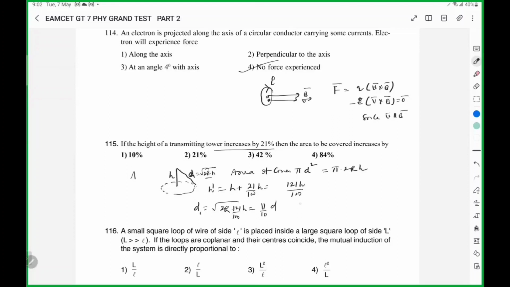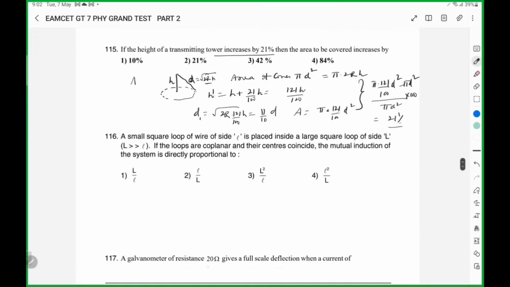So then the area will be pi d square, which is 121 by 100 d square. Now the increase in area is pi into 121 by 100 d square minus pi d square, divided by pi d square, into 100, which is nothing but 21% you get.